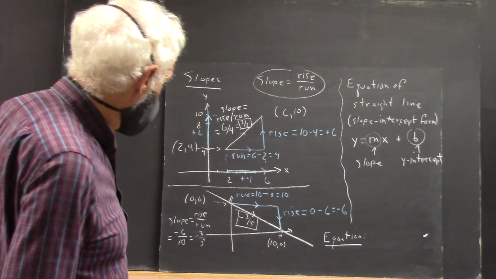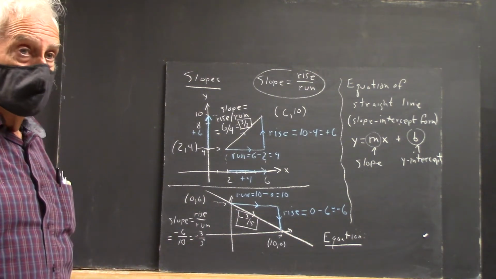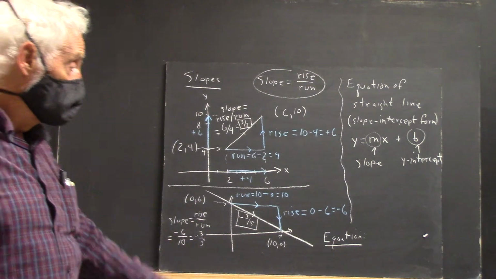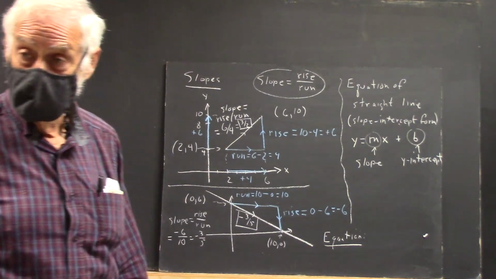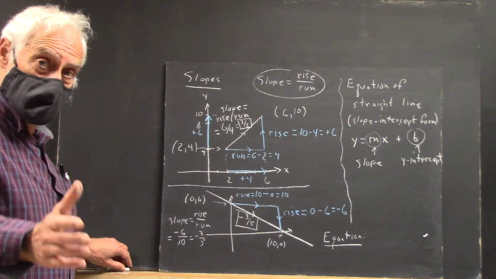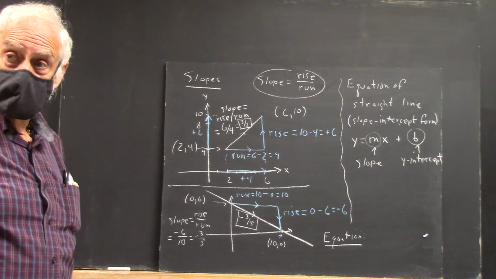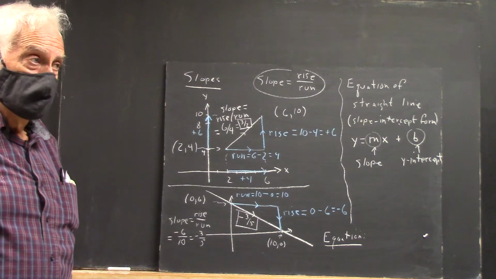So, can you write down the equation of this line? Now, if you're copying stuff, stop copying and write down the equation and circle it. Give you a second to digest it. We're going to keep the video running. We don't want 5 minutes of dead space while you copy everything, okay?